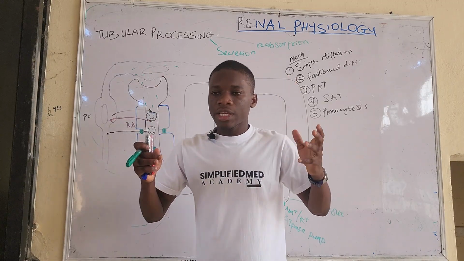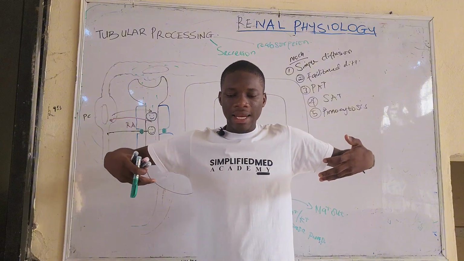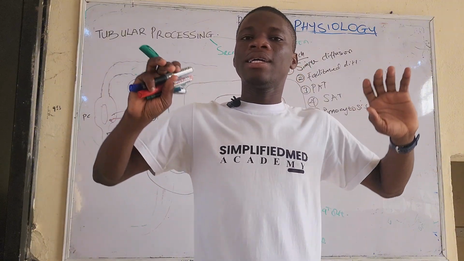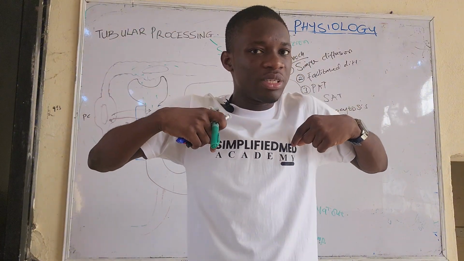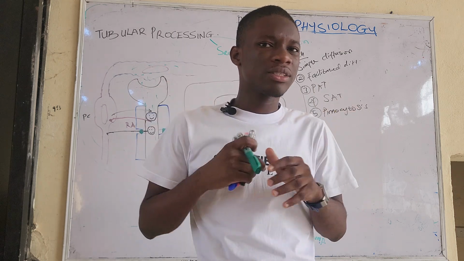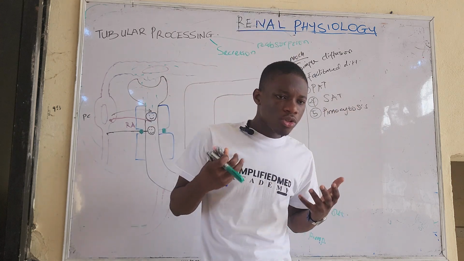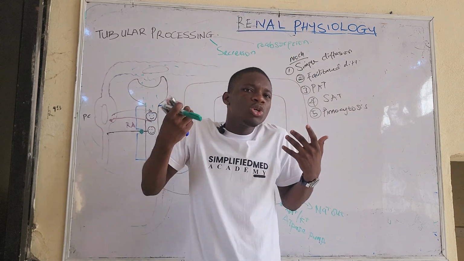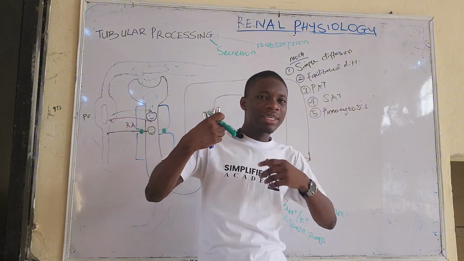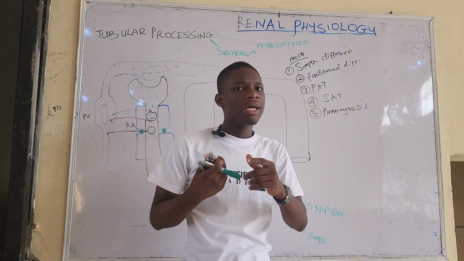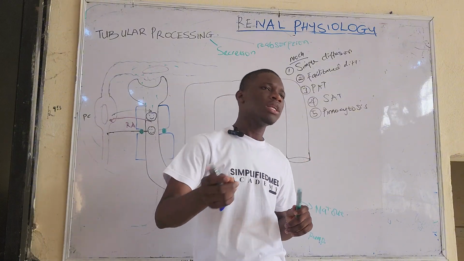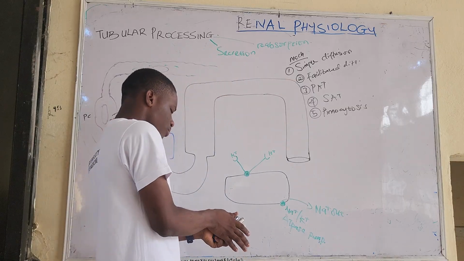If I am a substance moving forward by virtue of the energy in me, that is primary active transport. But if I'm a substance that is not using the energy directly, and I'm getting the energy from somebody else, that is secondary active transport. Let's continue.